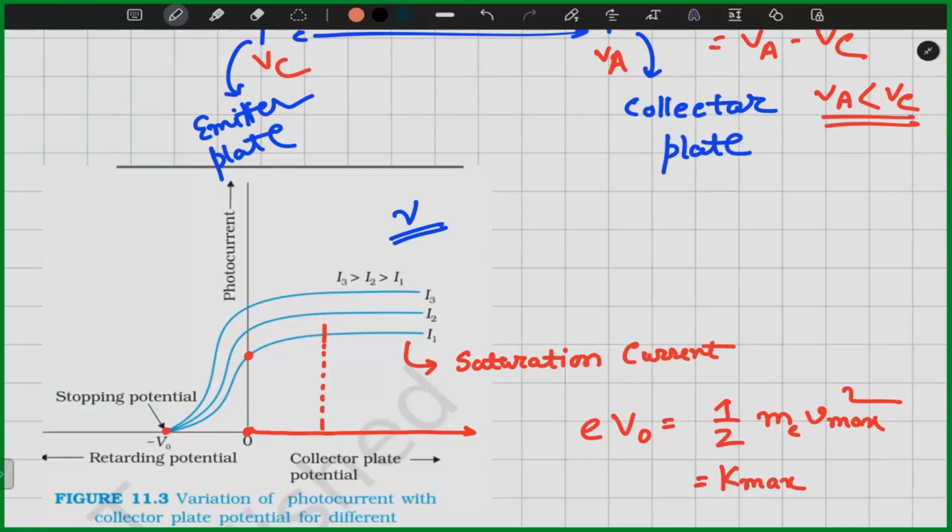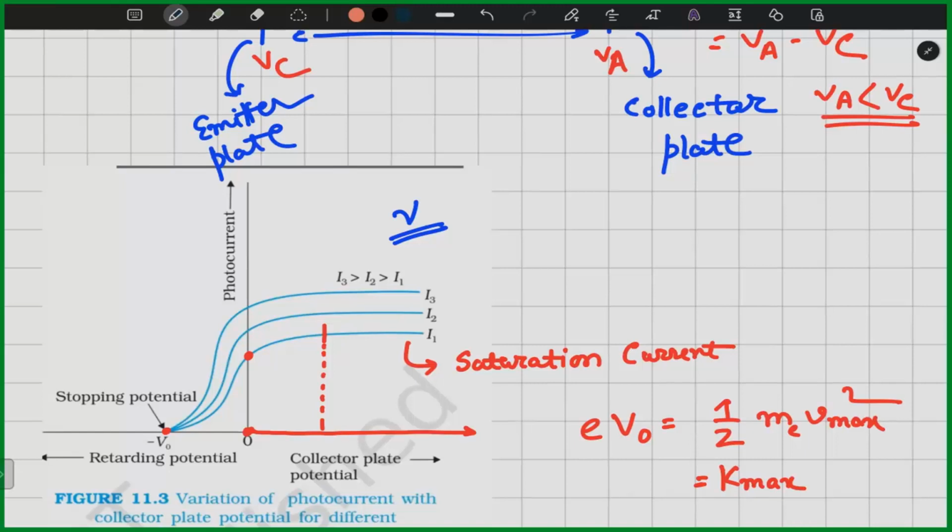Again, after a certain value, that is called V0, the stopping potential, when it reaches the V0 potential, the maximum kinetic energy of the electron equals that potential difference. That means that potential difference restricts the flow of the electron which has the most kinetic energy.